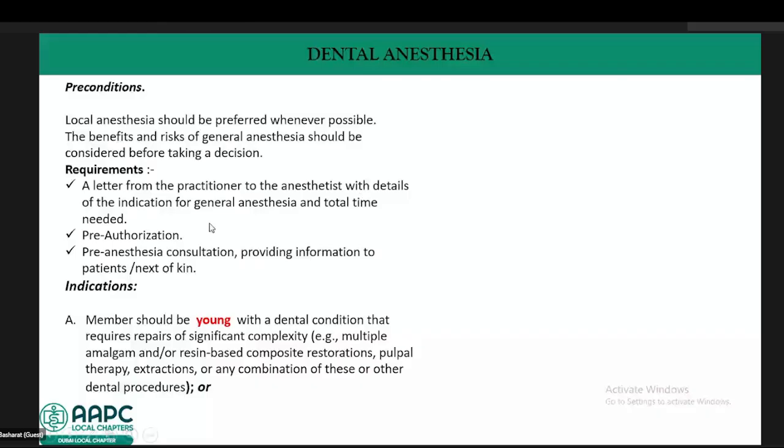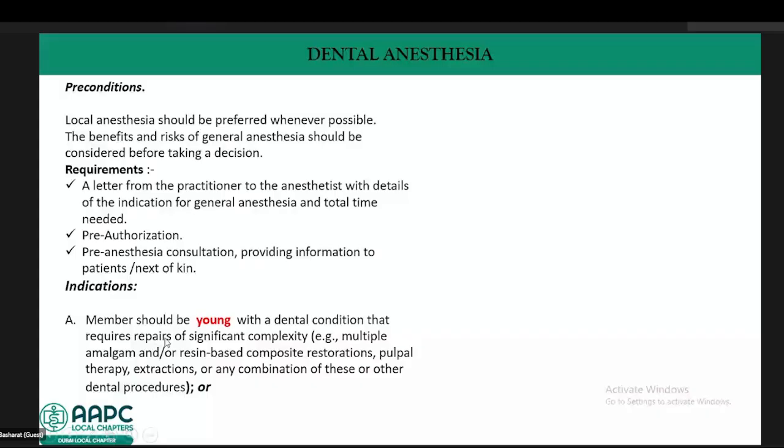Then pre-anesthesia consultation. In the GA cases, what is happening is that young children who are uncooperative and cannot be treated in the OP are referred to GA. In the GA they have to give them anesthesia for the treatment. The member should be young, with a dental condition that requires repair of significant complexity, multiple amalgam.